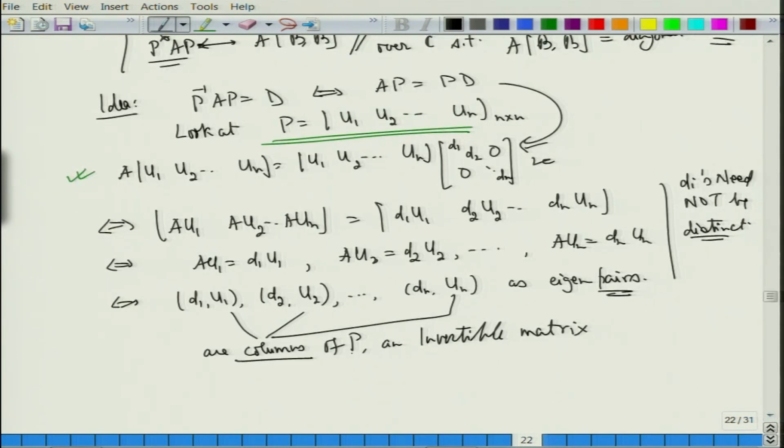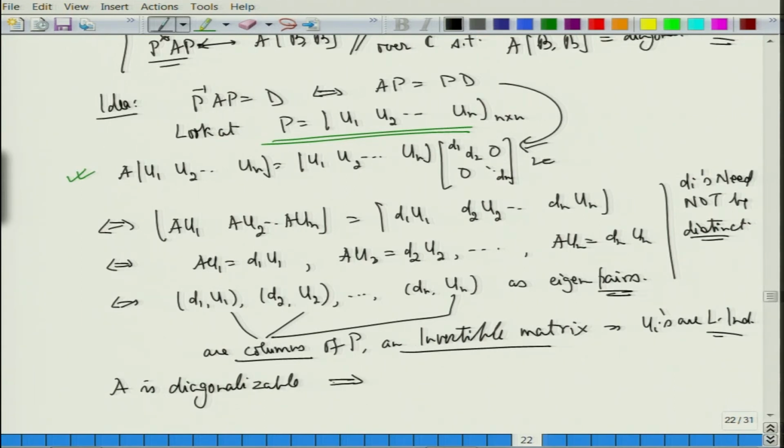So they are columns of P, they are invertible, and hence they are linearly independent, which implies the Ui's are linearly independent. Or what we are saying is that A is diagonalizable if and only if we have n linearly independent eigenvectors.